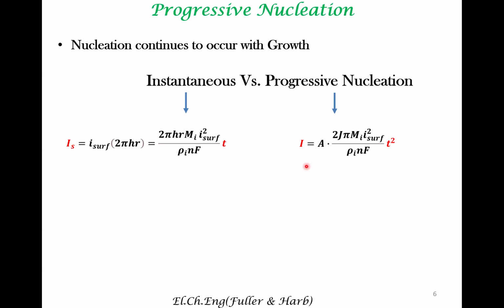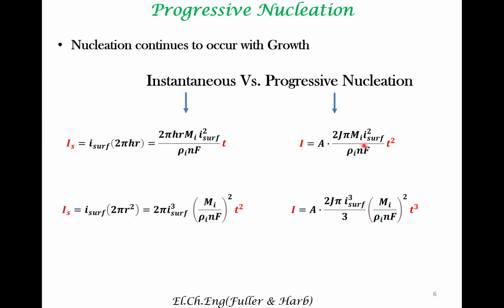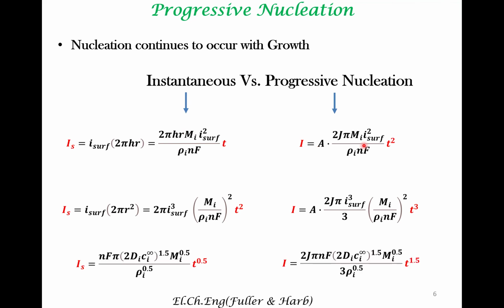So the formulae are different. These are the expressions for instantaneous nucleation. These are the expressions for progressive nucleation. For 2D growth, 3D growth, you can derive expressions. These are given in your textbook.